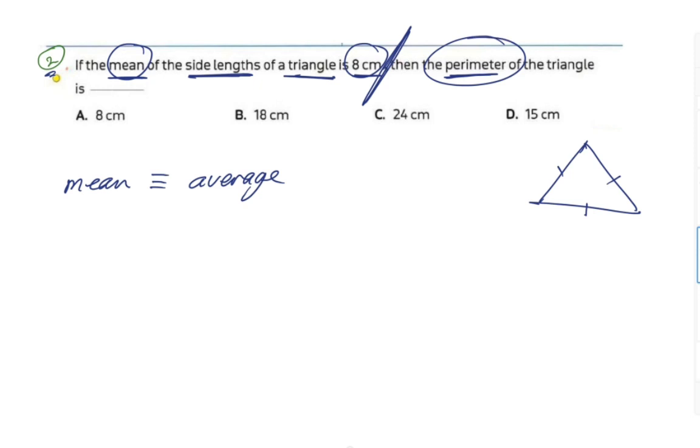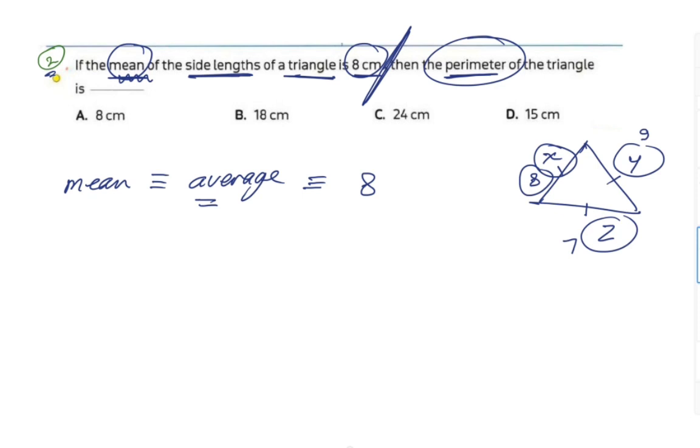If I have x and y and z, he finds the mean of x and y and z, or the average, and he finds it as 8. Maybe one was 8 and another 9 and another one was 7. So he finds that the mean is equal to 8. Now 8 is the mean of these values.